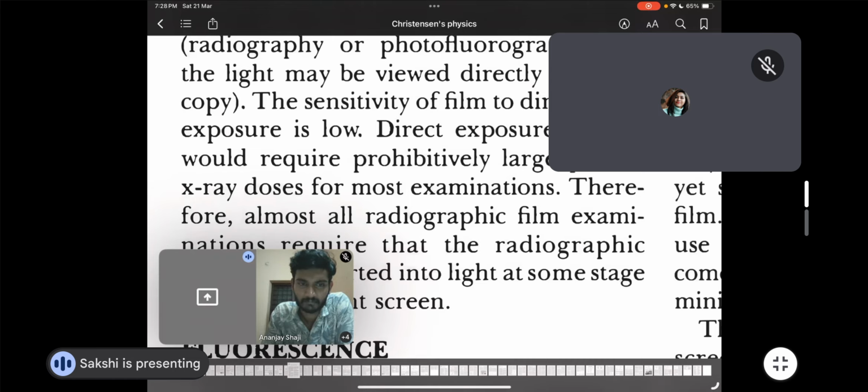And for example, if we want to see it very fast, we will use a fast film. Then if we feel it is okay, why spend more money on the fast screen? If the institution policy requires us to buy less expensive films, then we'll go for low sensitivity, like that.